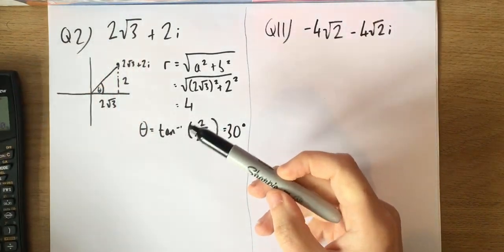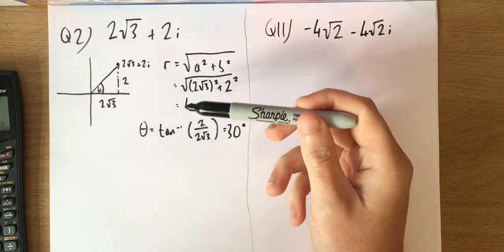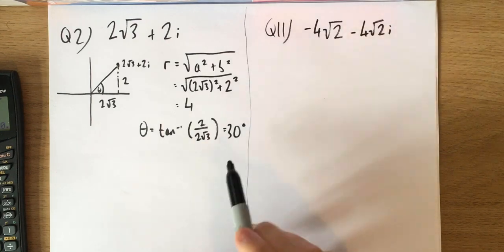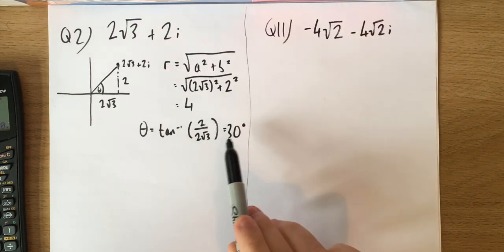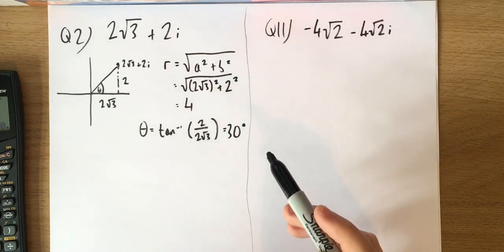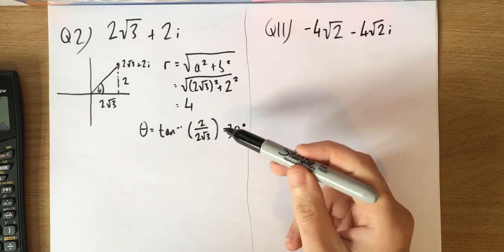So in polar form, our complex number is r cis the angle, so it will be 4 cis 30. Okay, we're going to give it in radians. There are a few different ways you can do it. You can just remember how to convert between degrees and radians.